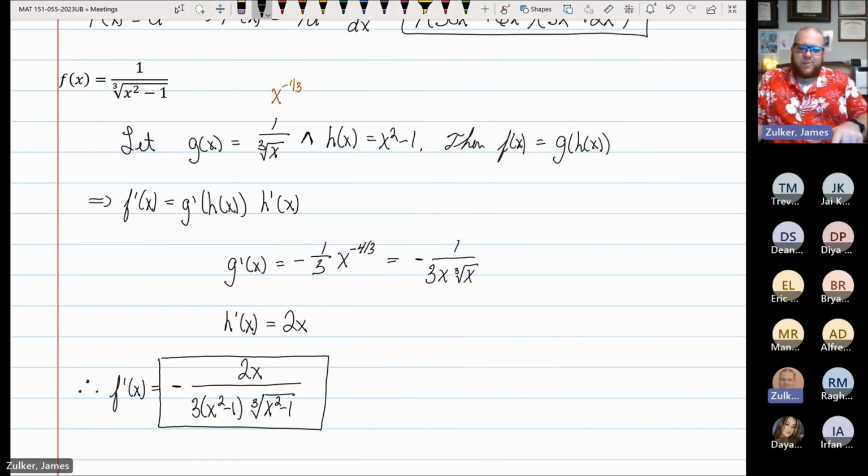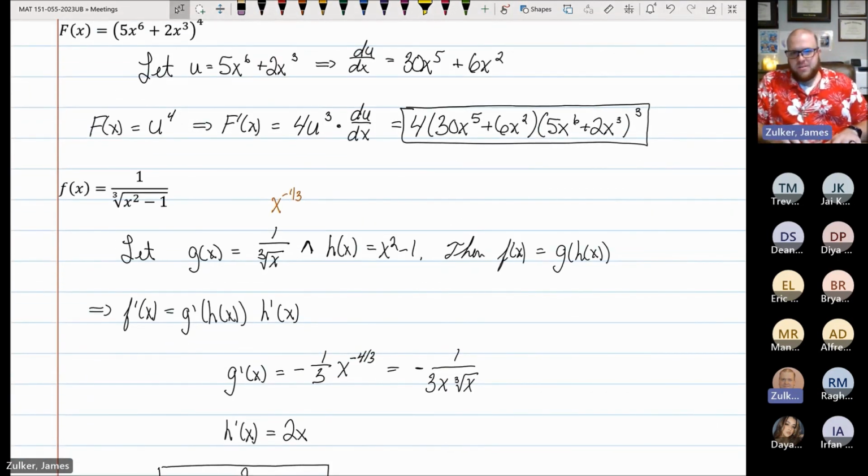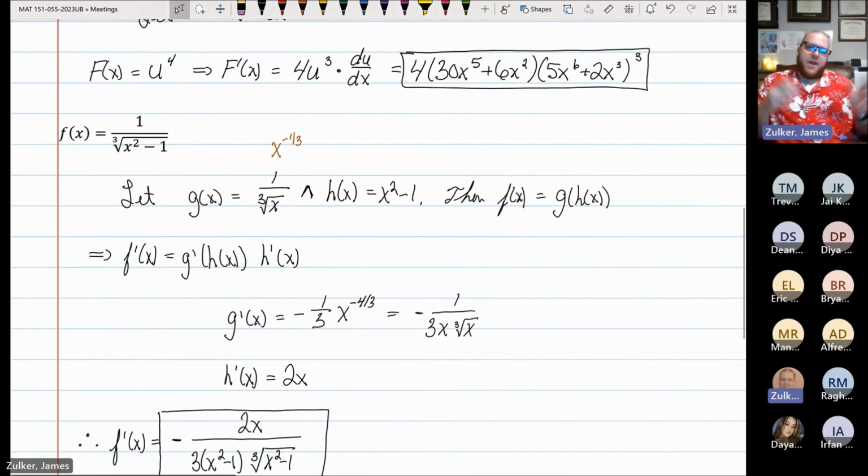Either notation is fine, whether you want to use u or write a composition of functions. It's whatever makes more sense to you.